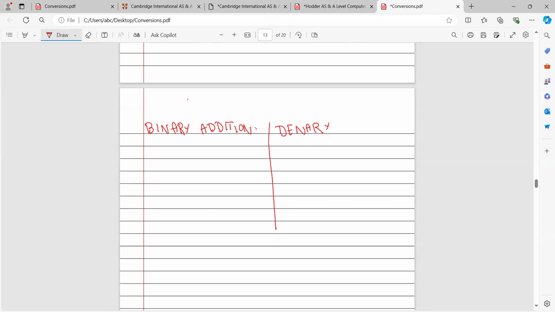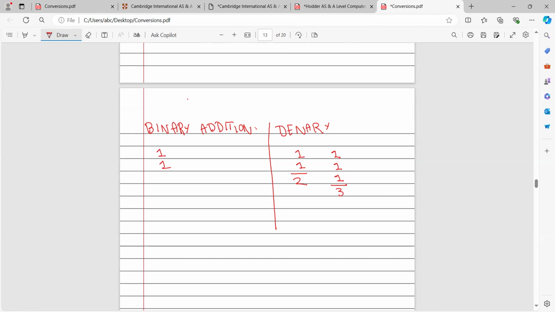Now tell me one thing: for example, if I am referring to a denary number, so if I add two denary numbers together it becomes 2. If I add three denary numbers together it becomes 3.